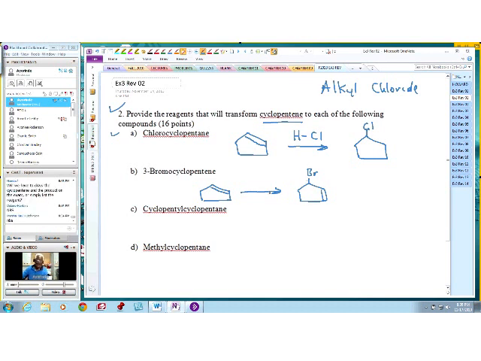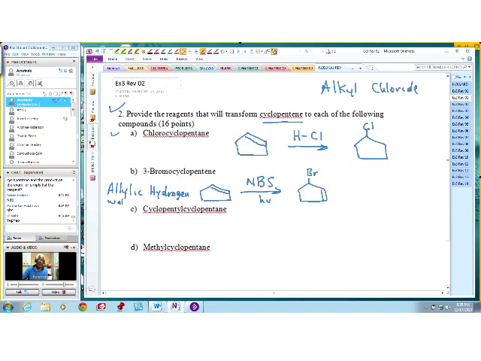NBS, very good. N-bromosuccinimide, excellent. What N-bromosuccinimide does is replace the allylic hydrogen with a bromine. That is what the NBS does.